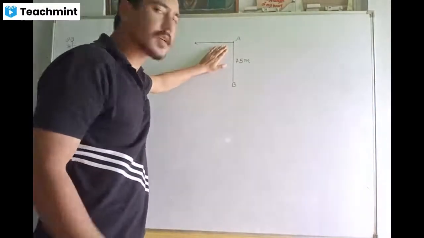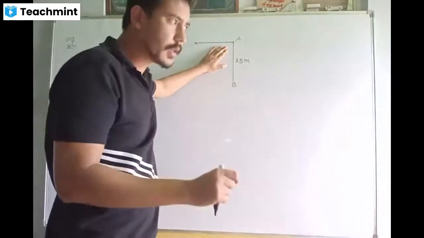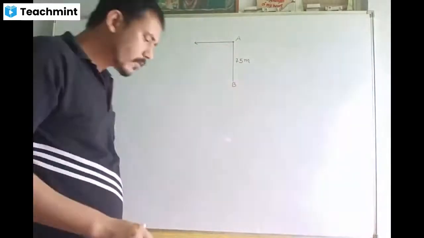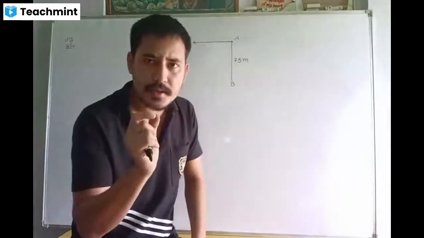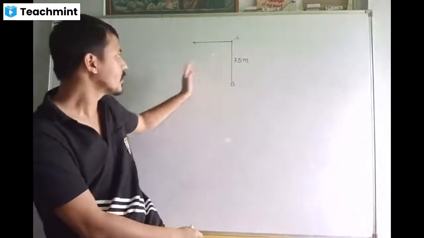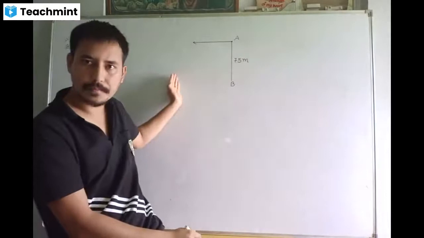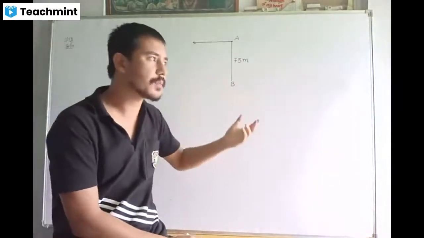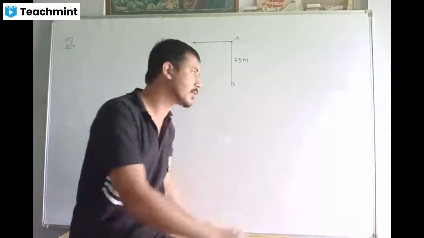This observer is looking down at the two ships. Now, what is the position of the two ships? The two ships are on the same side of the lighthouse. If this is the lighthouse, the two ships are on the same side, both of them. One of the ships is behind the other.